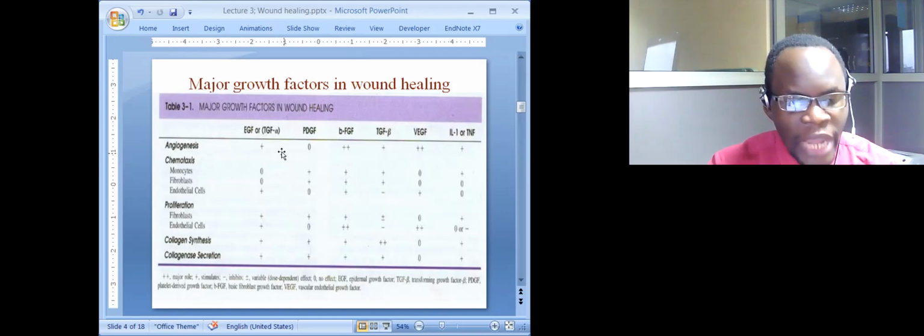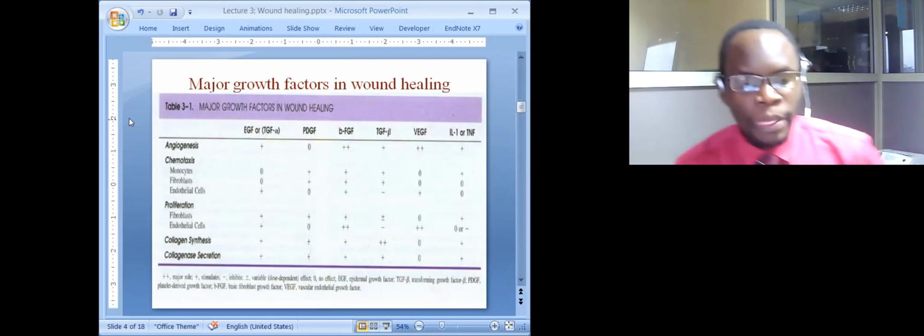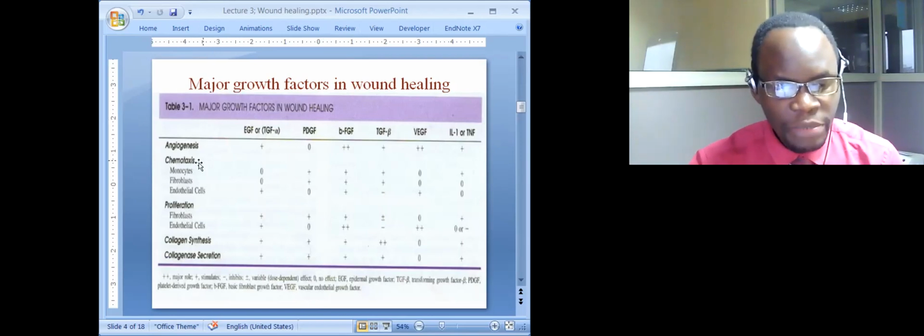These are where you see plus, 0, then plus, plus. It basically means those growth factors are very key in those different processes.